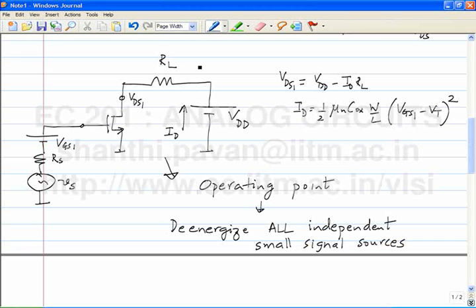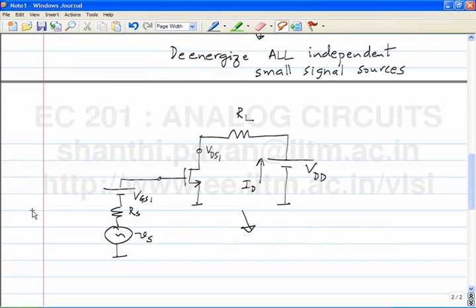We derived the circuit starting from the incremental equivalent, and so when we take the circuit and go back to the incremental equivalent, we better get back the same thing. So let me just illustrate that. You de-energize all this small signal stuff. This goes away, and that's all there is to it.